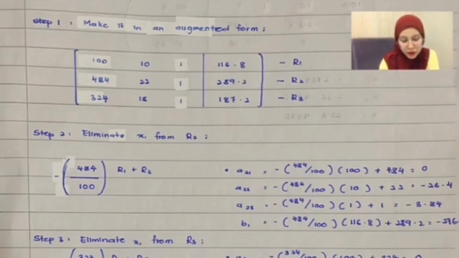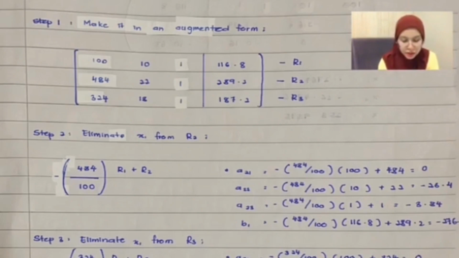Then we insert all the values into the calculation step: A21 equal to minus 484 over 100 times 100 plus 484 equal to 0, and then A22 equal to minus 484 over 100 times 10 plus 22 equal to negative 26.4.